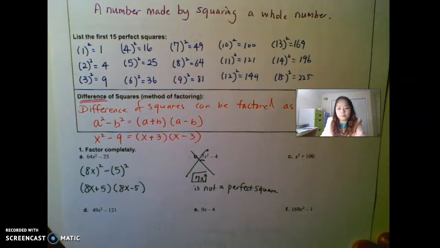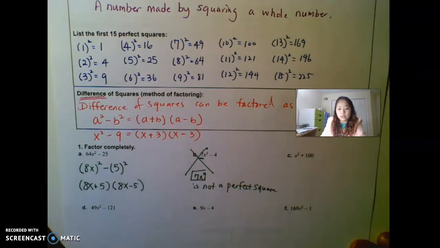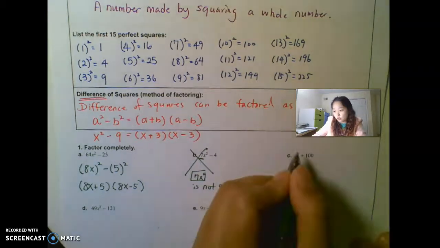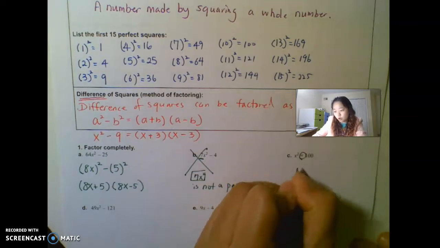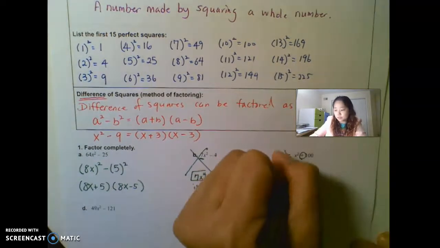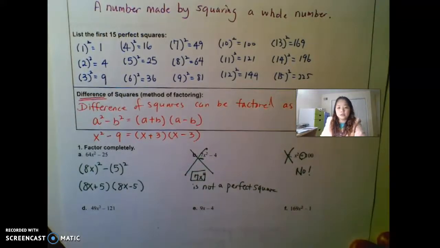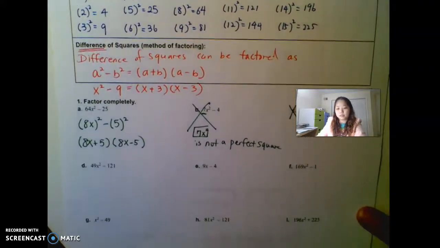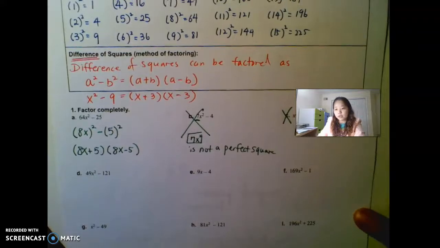You cannot do that one. All right, let's do C. x squared plus 100. Is it a difference of two squares? No, because it says plus. You cannot do this because it's not a difference of two squares. So C, you cannot do it. It's already as factored as it can be. Let's try D.